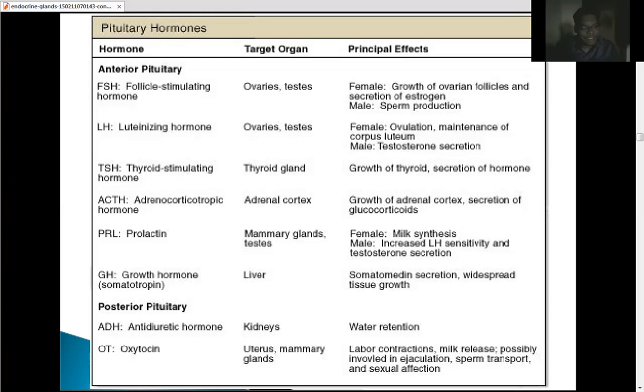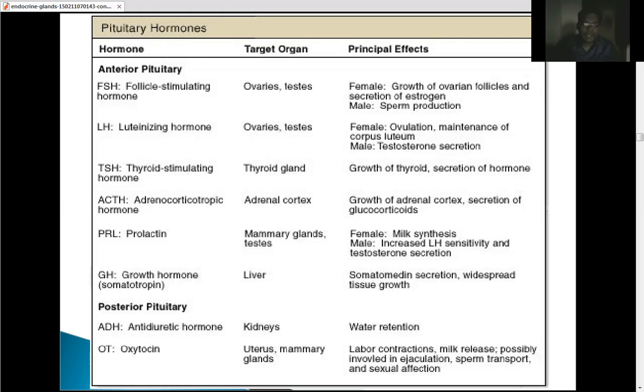Then ACTH, adrenocorticotropic hormone. The target organ is the adrenal cortex. As we know from the diagram, the suprarenal glands lie above the kidney. ACTH causes growth of the adrenal cortex and secretion of glucocorticoids.